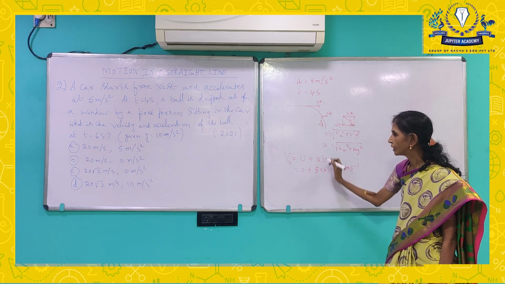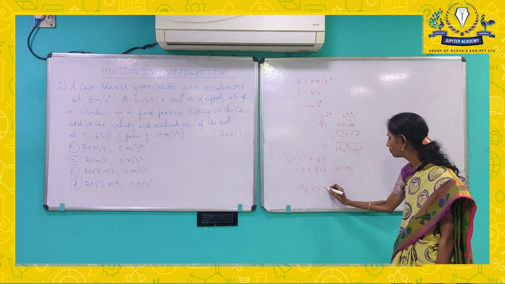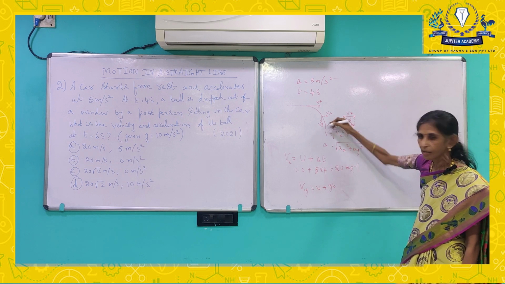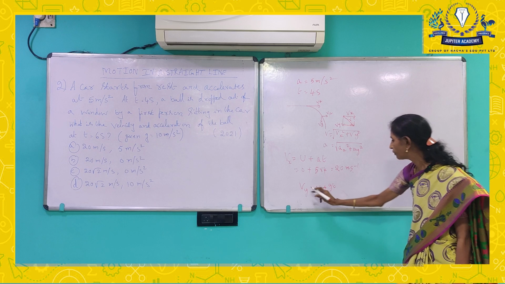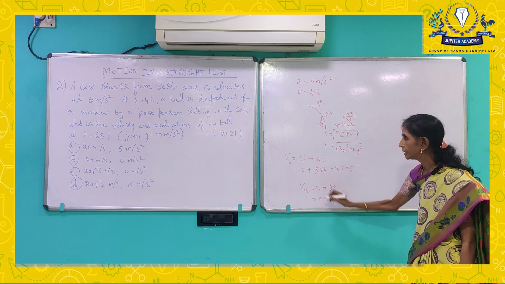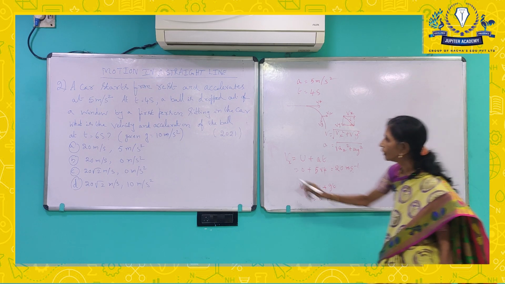Now again we use the formula Vy is equal to U plus Gt, because due to gravitational force it is coming down, so A will become G. So Vy is equal to U plus Gt. Again U is 0, G is given as 10.